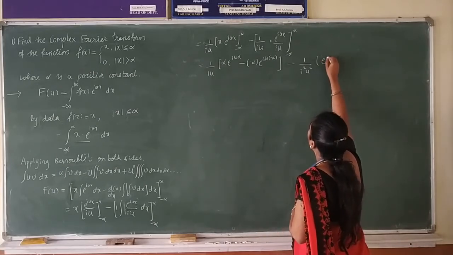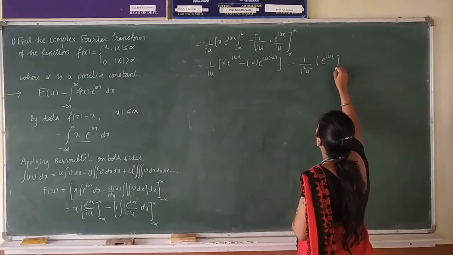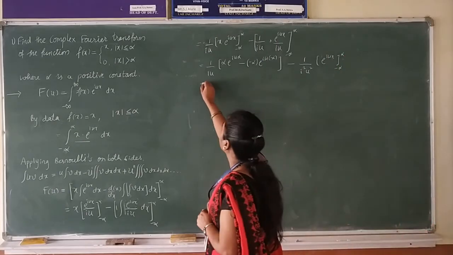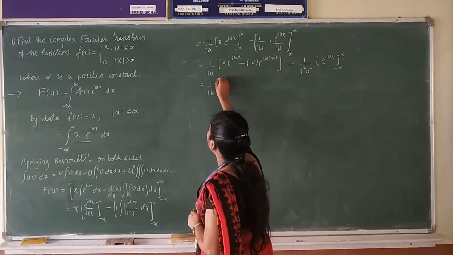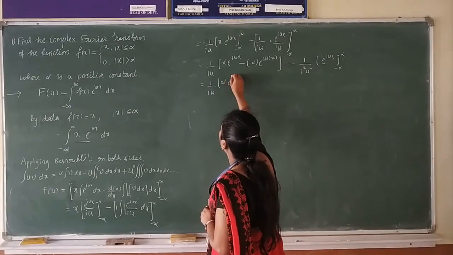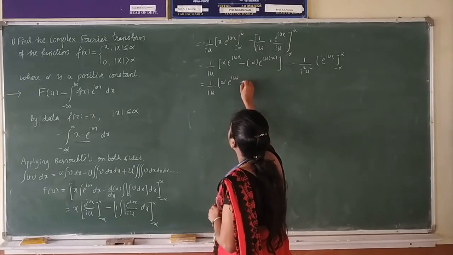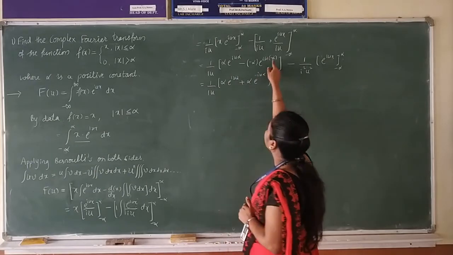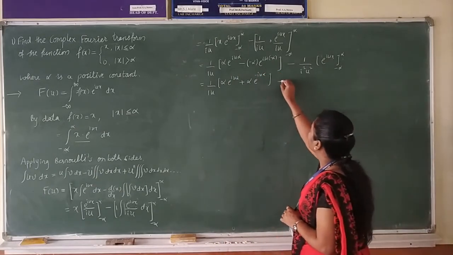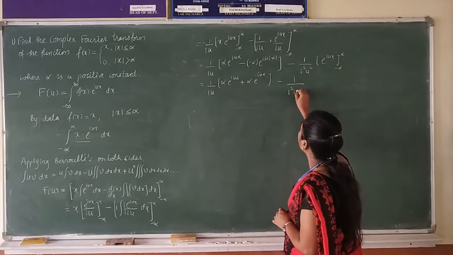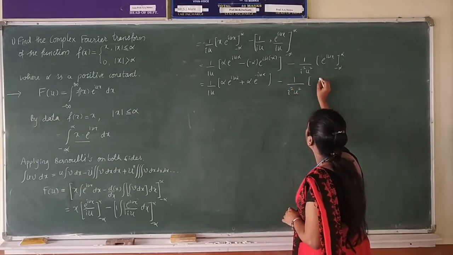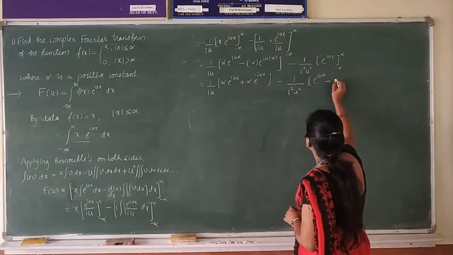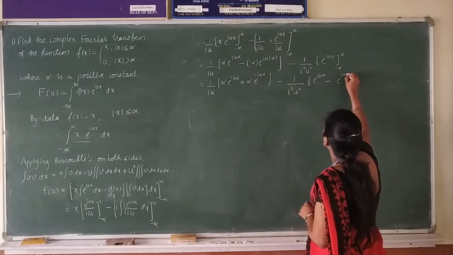We are left with e to the power iux from minus alpha to alpha. For the second term, we are not yet substituting the limits. So 1 upon iu into the bracket alpha e to the power iu alpha plus alpha e to the power minus iu alpha. Next, minus 1 upon i square u square into the bracket e to the power iu alpha, upper limit alpha, lower limit minus alpha, minus e to the power iu into minus alpha.